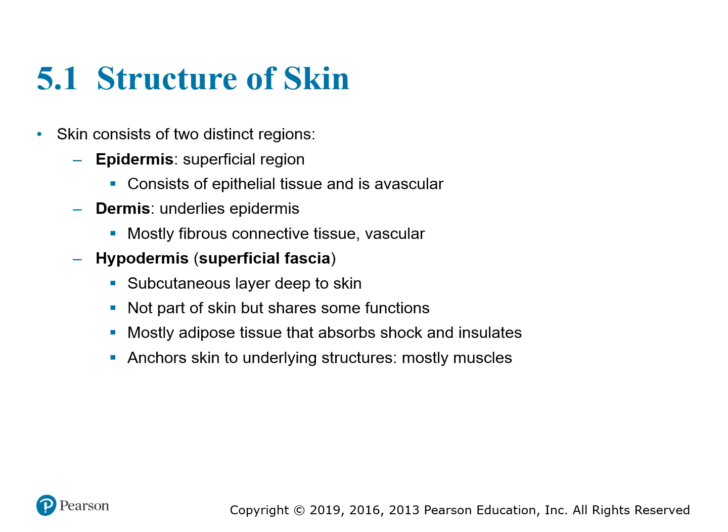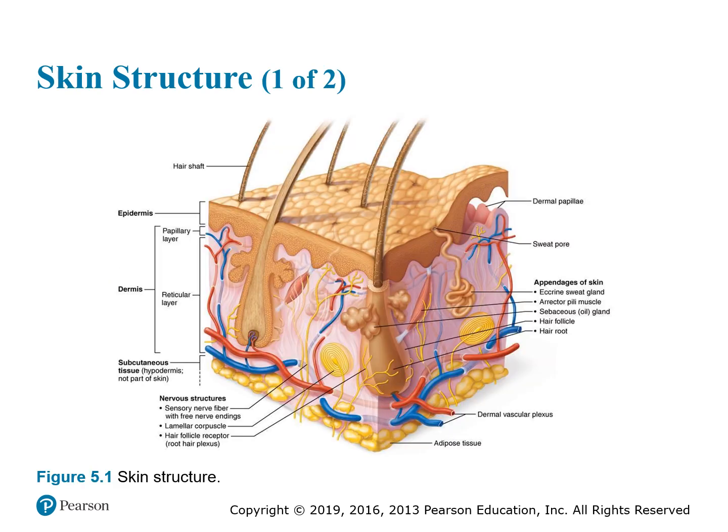And then beneath that, of course, is the superficial fascia. This is working in shock absorption and insulation and essentially anchoring the skin to those deeper structures like the muscles themselves, right? That's that fascia. So here's a pretty typical cross-section of the skin.